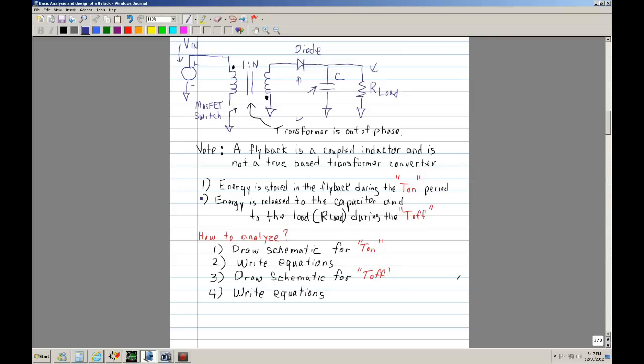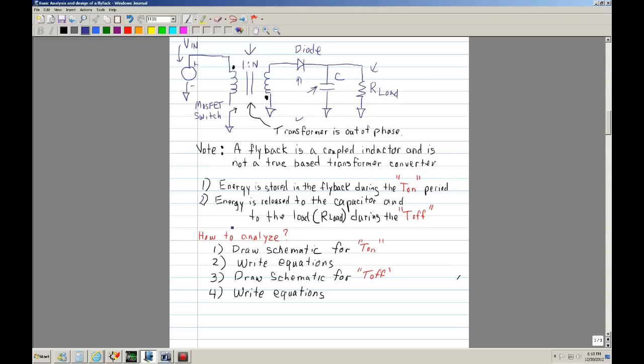So basically, during phase 1, energy is stored in the flyback during the T-on period. And remember, T-on is the time when the MOSFET is switched on. During that time, energy is being stored in the transformer.